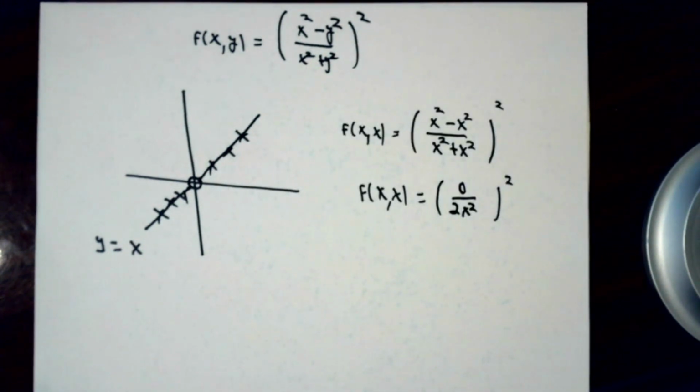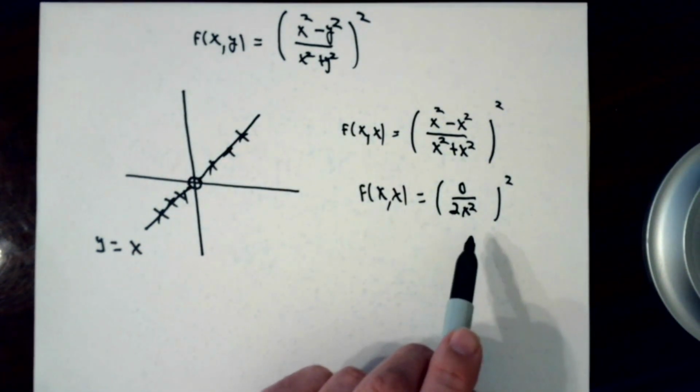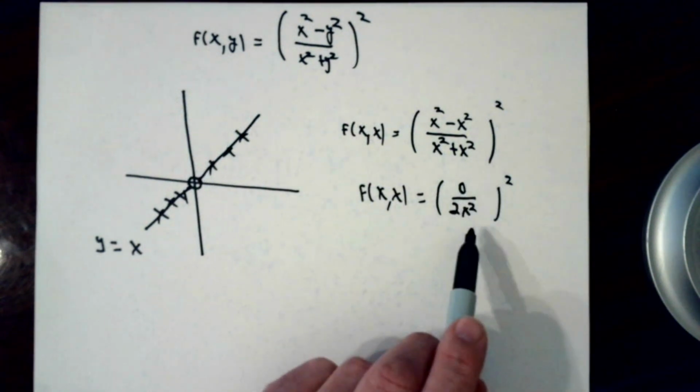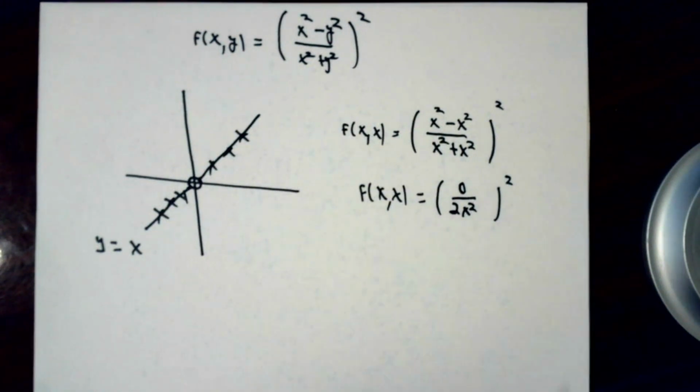Since the points that we're using to approach the origin always have x-coordinate different from 0, this function value makes perfect sense. 0 divided by a number that's not 0 is equal to 0, and then if you square that, you get 0 for an answer.